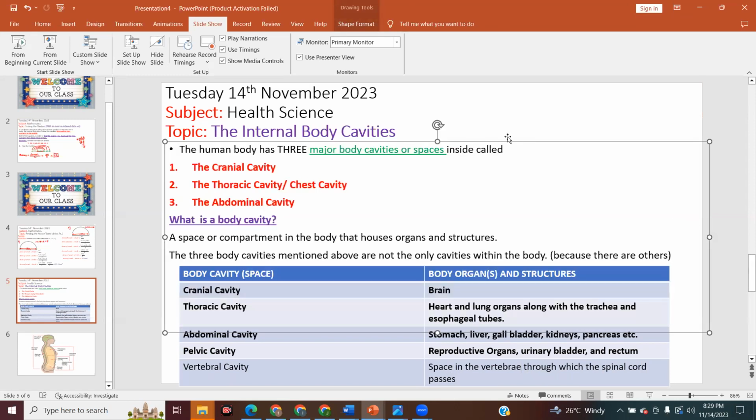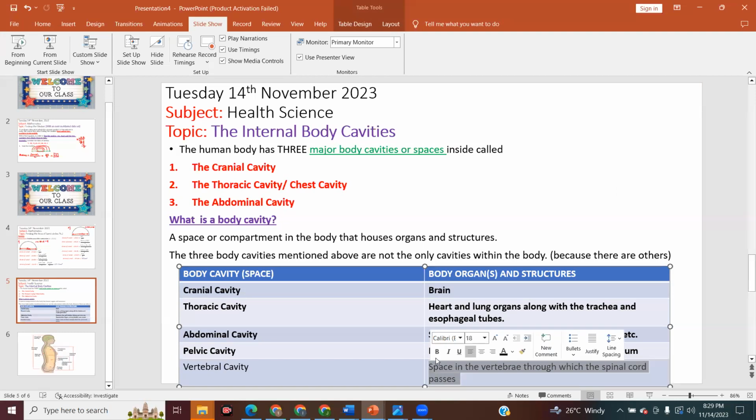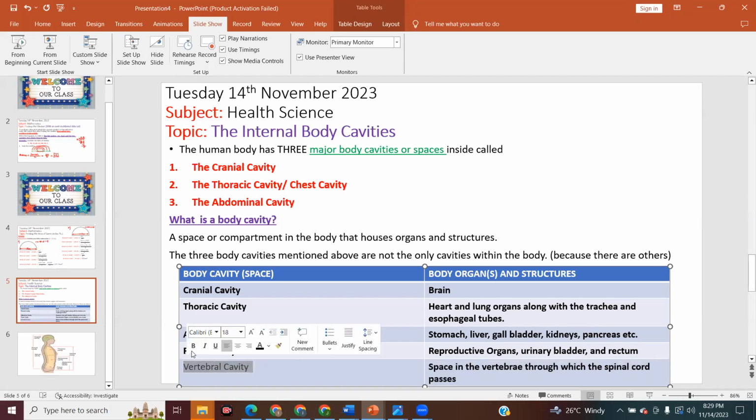So, cranial cavity, what's inside that? The brain. Thoracic cavity, what's inside of that? The heart, the lungs, right? Abdominal cavity, what's inside of that? The stomach, the liver, the gallbladder, all of those.